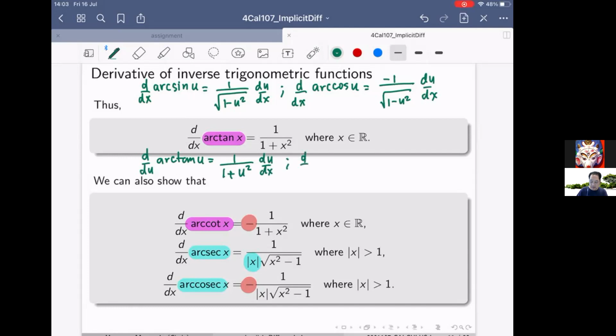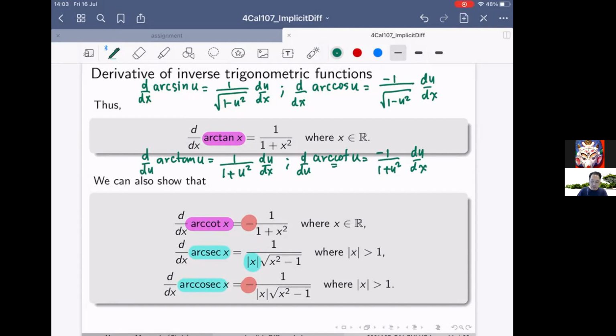And for the arccotangent of u, it becomes 1 over 1 plus u squared, times du by dx, and it has a co, so you get a negative.